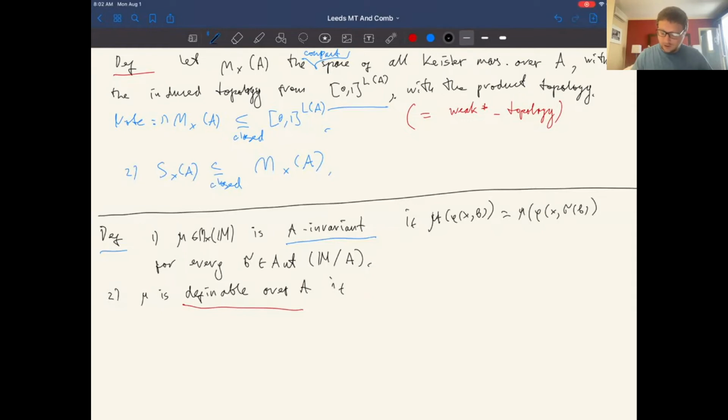So if we look at the function which takes a type of a parameter b and sends it to the measure of phi(x, b), this is a map from the space of types over A to the interval [0, 1]. If this is a continuous function for every fixed formula phi, then mu is definable.